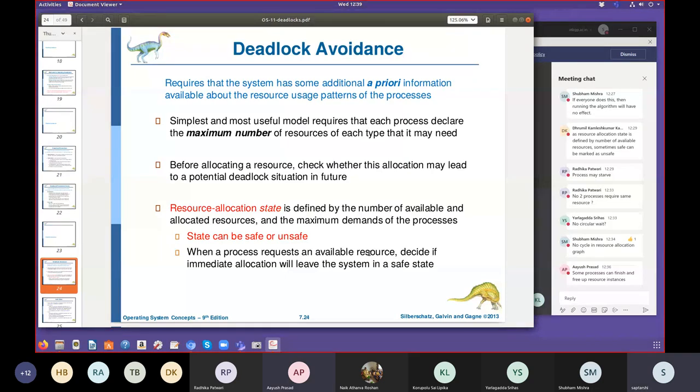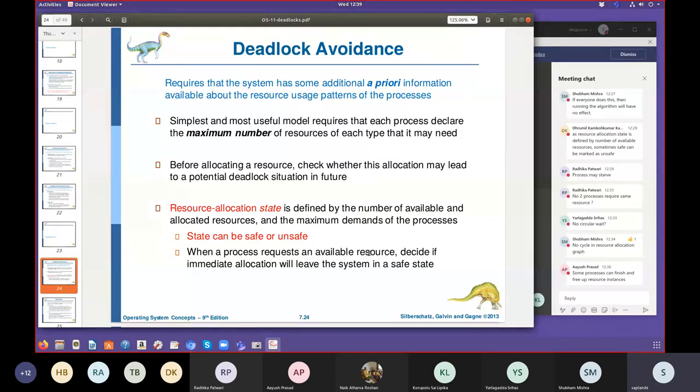Maybe there was one process which had got all the resources allocated to it. It does not require any more resources, so eventually it will finish. That will free up some resources. Using those freed up resources, maybe some other process can finish, and so on.